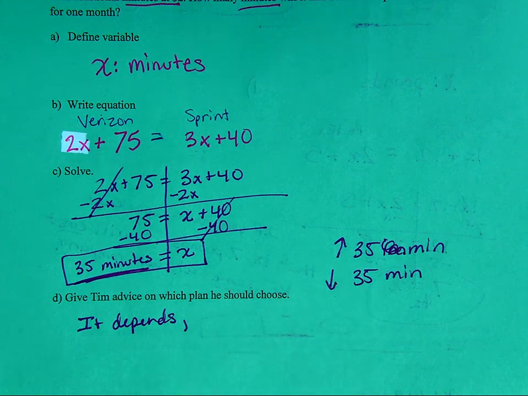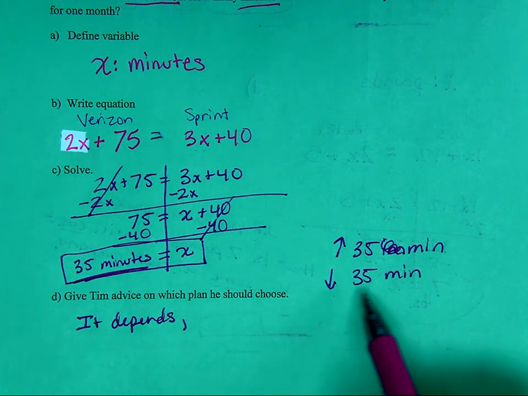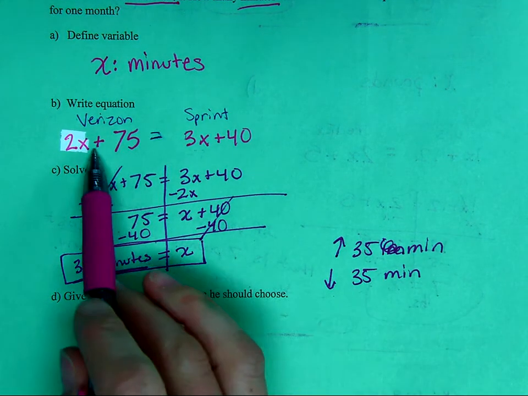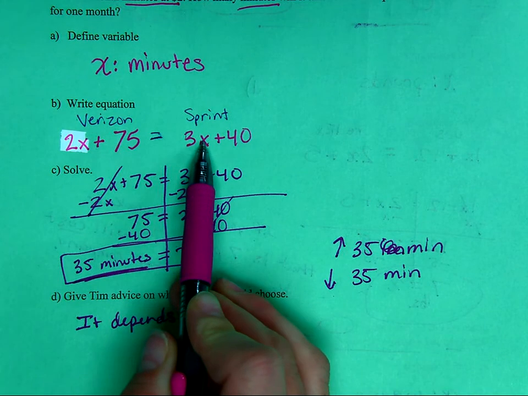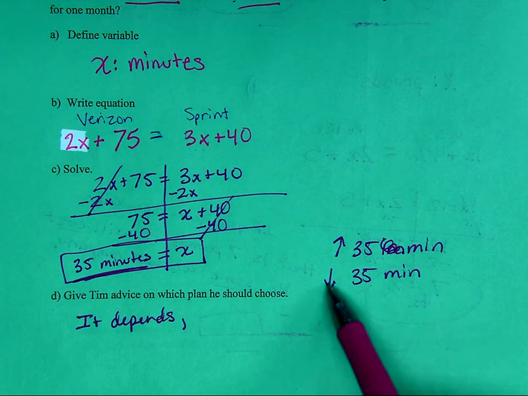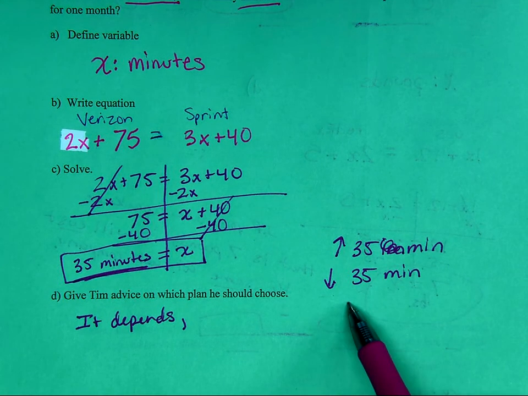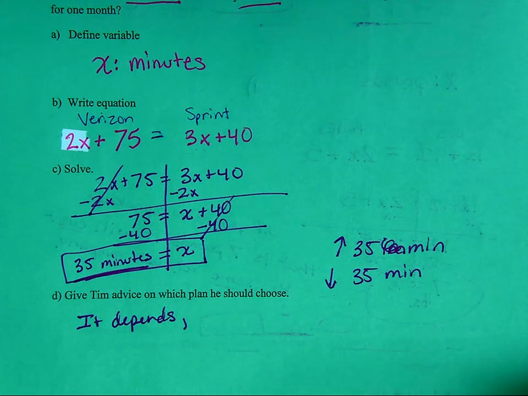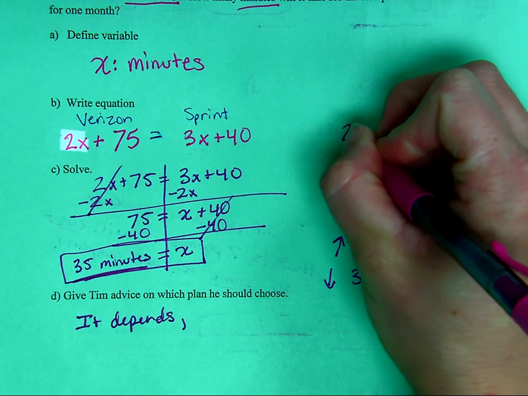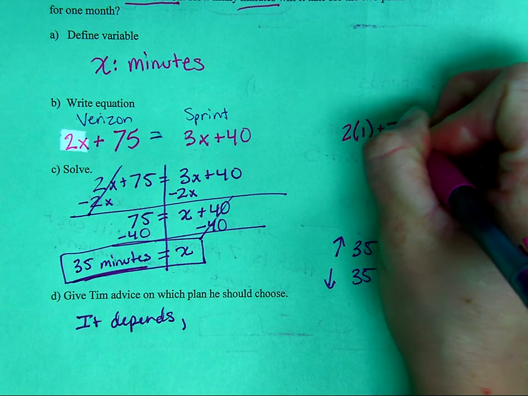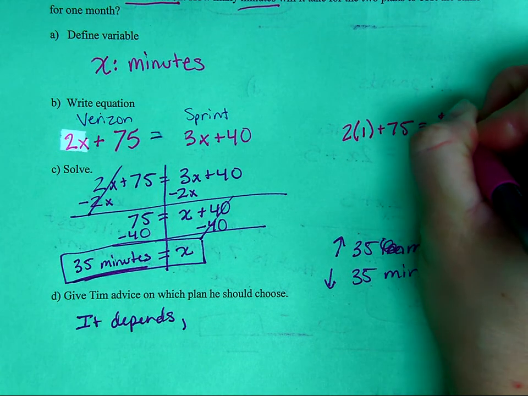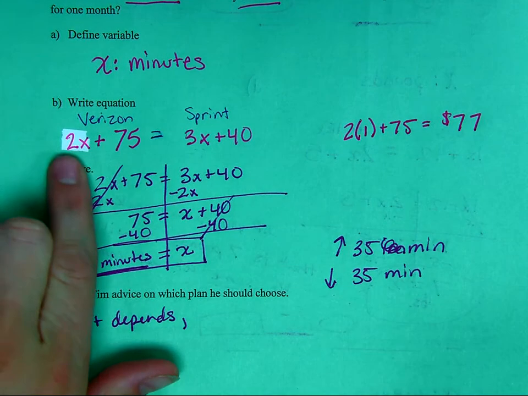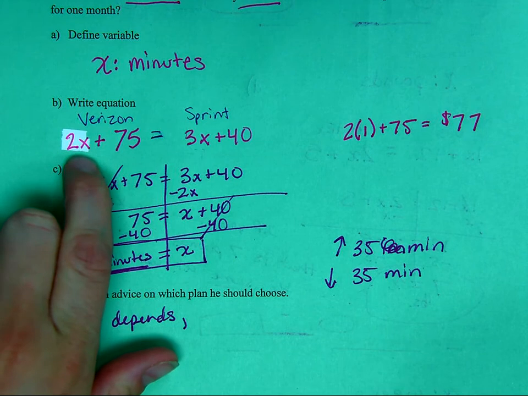So if he uses less than 35 minutes, I need to figure out, well, which place is cheaper, Verizon or Sprint? So any number less than 35 I can use to figure this out. So say I use 1. Okay, Verizon for 1 minute costs me $77, right? All I did was plug 1 in for my minute, and I found $77.